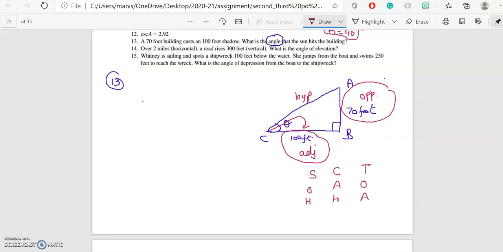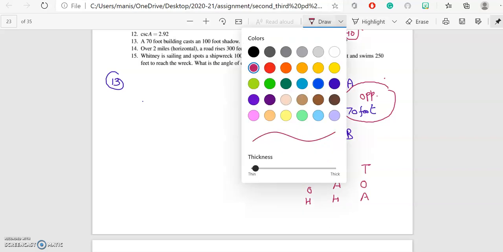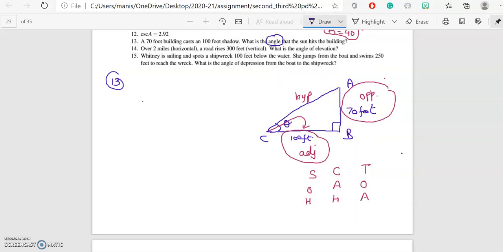Now look at the two circles and tell me which ratio we will use. This says opposite, this says adjacent. Opposite, hypotenuse, no, we cannot use this. Adjacent, hypotenuse, no. Okay, now this is opposite, adjacent. Why am I using this ratio? Because I am looking at these two circles which are giving me this trigonometric ratio.